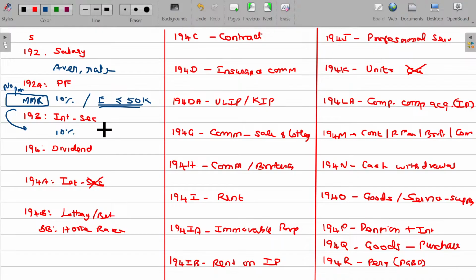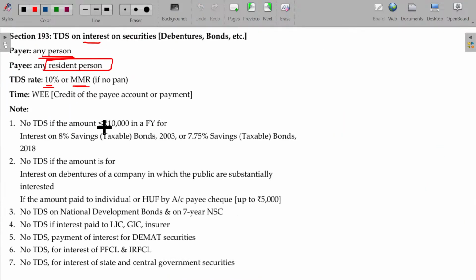Here, for the deduction, you need to be careful. I will explain the exemption case here, interest on securities. If the value is less than or equal to 10,000 in a financial year, then TDS is not applicable.